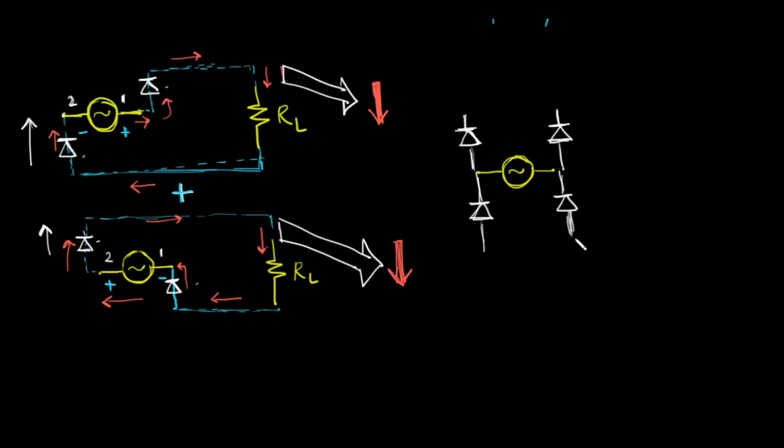Okay, and what are the other things that the upper and lower circuit have? Well, the upper circuit is connected here, so I will connect these two parts. Okay, let me use another color here. I will connect these two parts, and the lower circuit is connected here, so I will connect these two parts, and I will draw the load resistance.